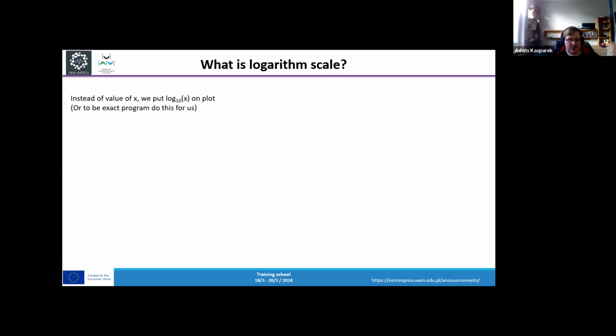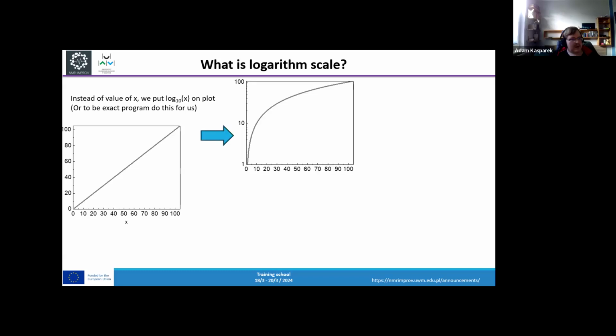Well, obviously, Origin has that. For example, here we have a plot of the function y equals x, because both of the sides are equal. And here we have how it changes when we change the y-axis to the logarithm scale. As you can see, we have a plot similar to a simple logarithm.